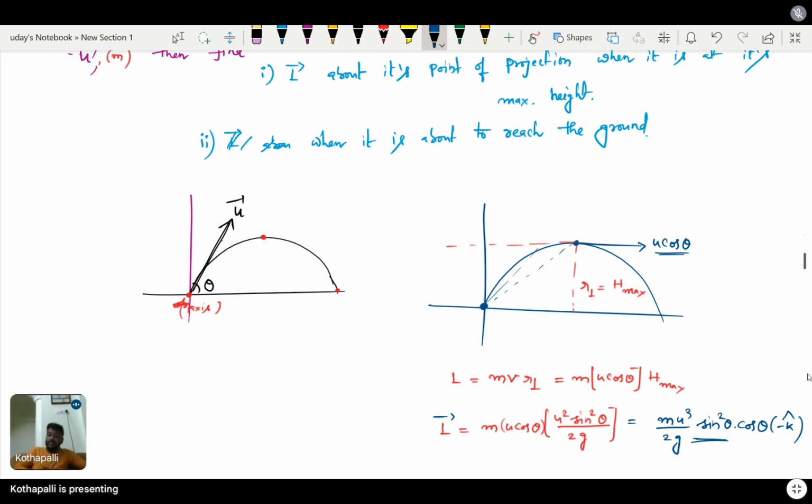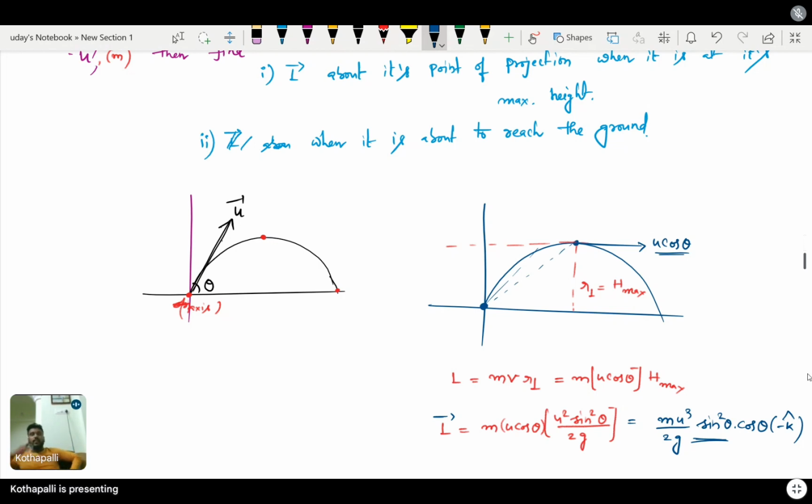Can you try the second question at least? Try the second part of the question. Think of it when it is about to reach the ground. Which formula will be suitable to solve it? Think and tell me. You have to try; if you only see, it won't come. Make it fast.